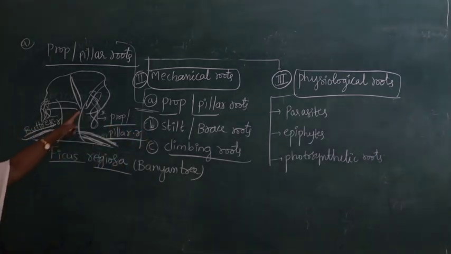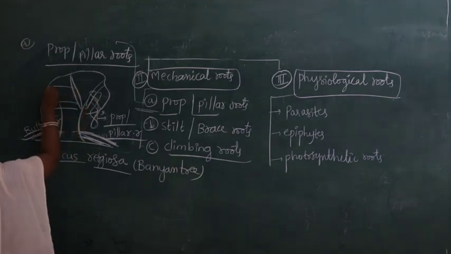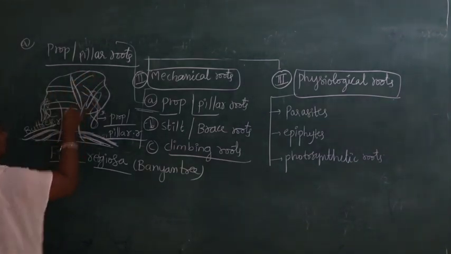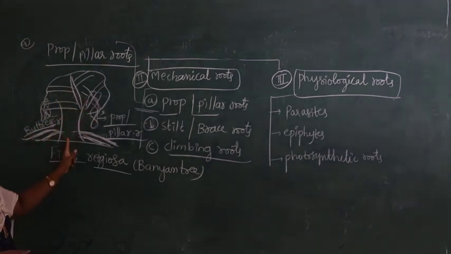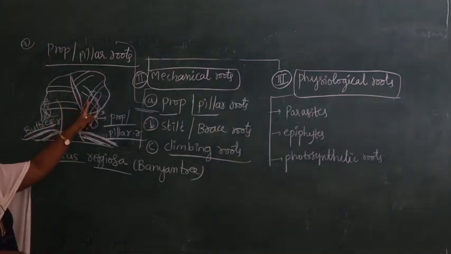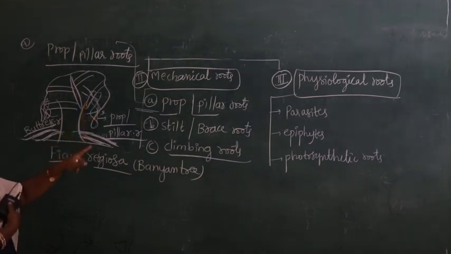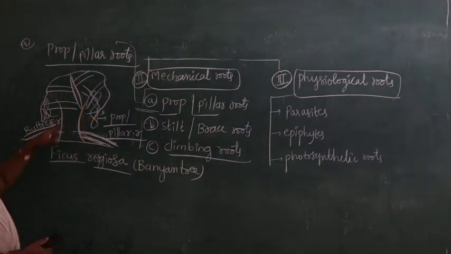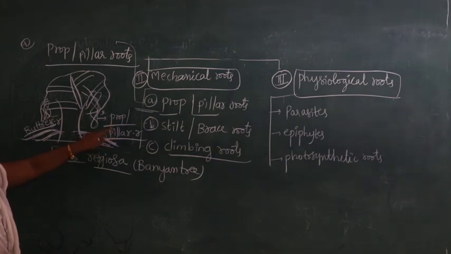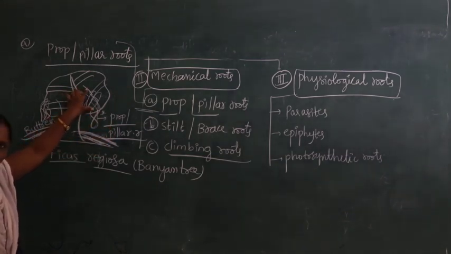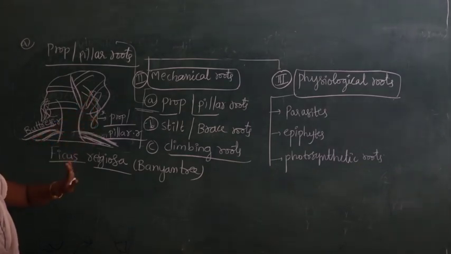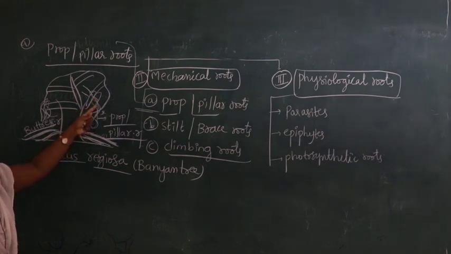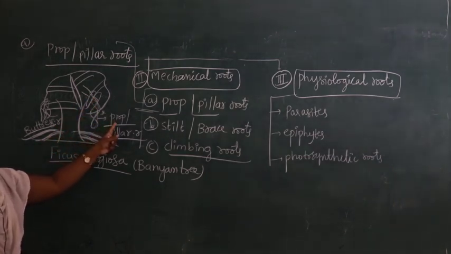Okay, from the branches of the huge tree, other than the radicle, if roots arise from any part of the plant, then they are called prop roots or pillar roots. That means here from the branch they freely hang down and they are aerial, not connected with the basal part of the stem. They freely hang in the air, they are called prop roots or pillar roots.